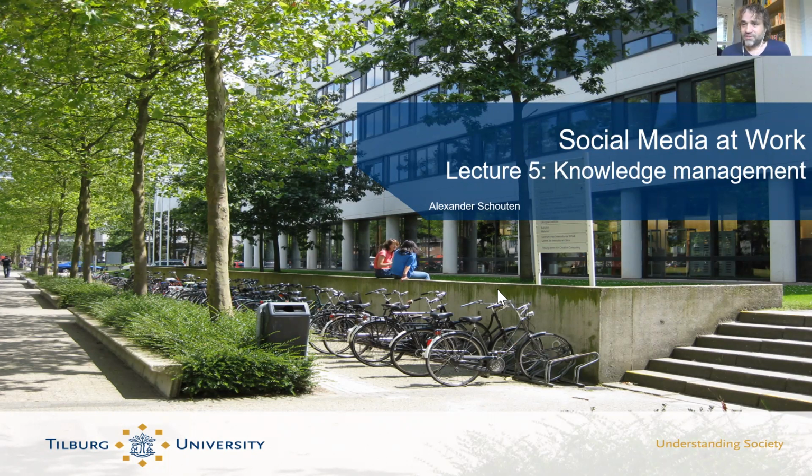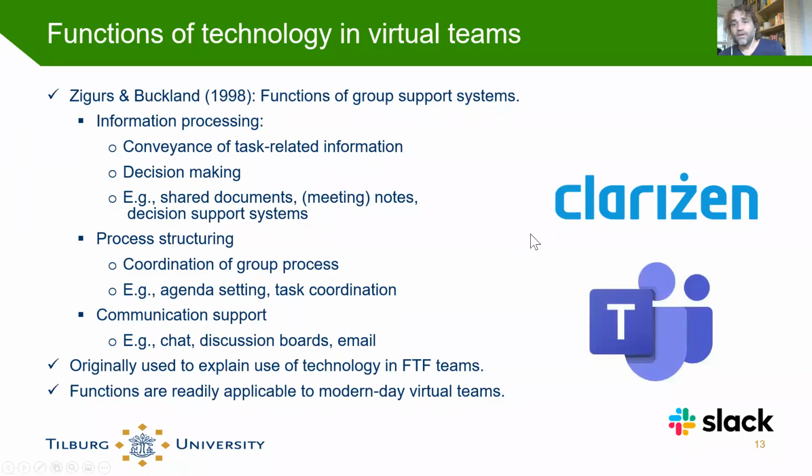Okay, then back to the lecture. Last week we ended halfway in the discussion of virtual teams and the pros and cons of virtual teams. On this slide, I shortly explained what the functions of technology in virtual teams are.